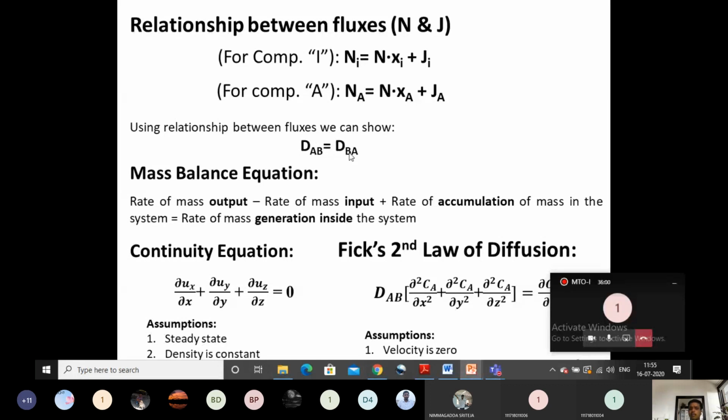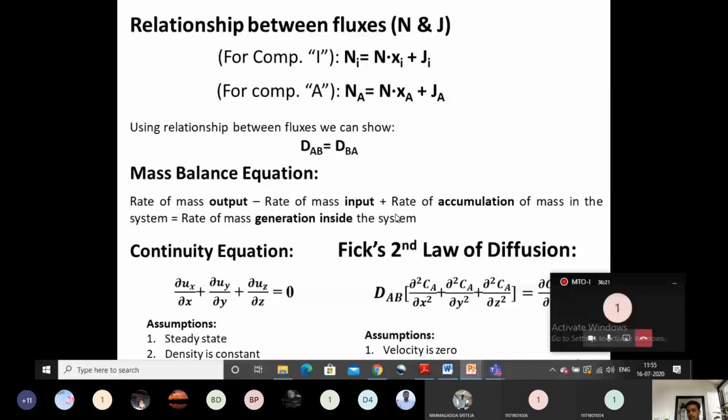The next one, we have to derive a continuity equation. This is also asked many times in your old question papers. To derive a continuity equation, we need a mass balance equation. What is a mass balance equation? The mass balance equation says that rate of mass output minus rate of mass input plus rate of mass accumulation in the system is equal to rate of mass generation inside the system.